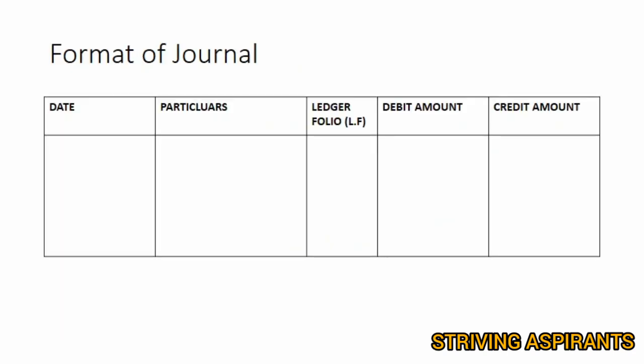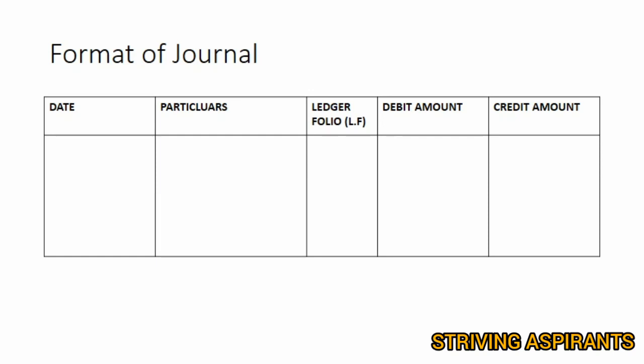Let's see the format of a journal. We have date, then particulars, then ledger folio, then debit amount and credit amount. In the date column we give the respective date, and in the particulars column, by referring to the source document, like a purchase invoice or sales invoice, we write the journal entry.